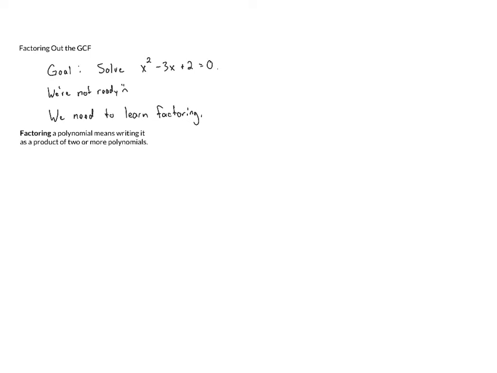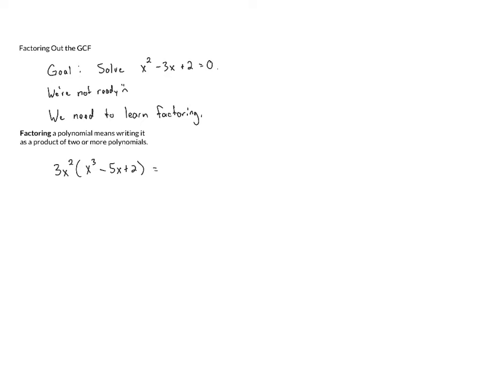Now, before we get into a factoring problem, I want to do a multiplication problem because this is going to actually help us with the factoring. So let's take a look at 3x squared times (x cubed minus 5x plus 2). And let's perform this multiplication. How can we multiply these? Well, because the first one's a monomial, we can use the distributive property.